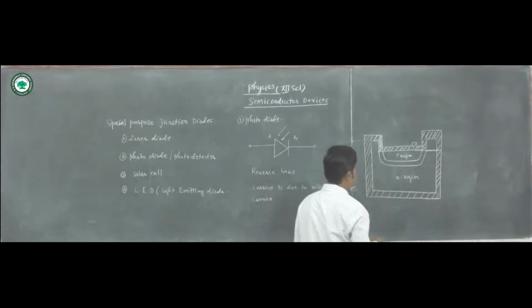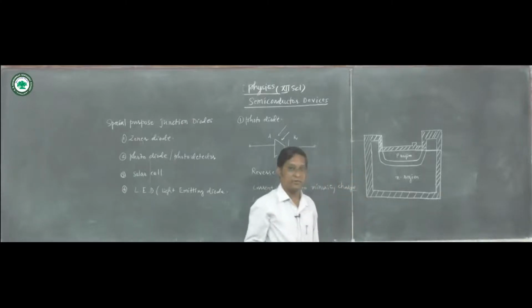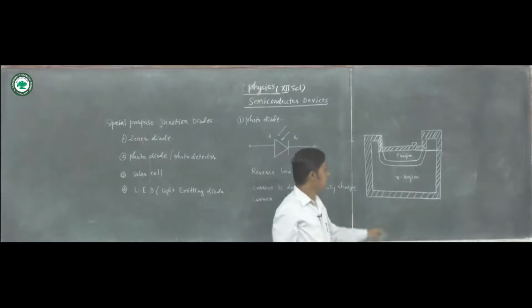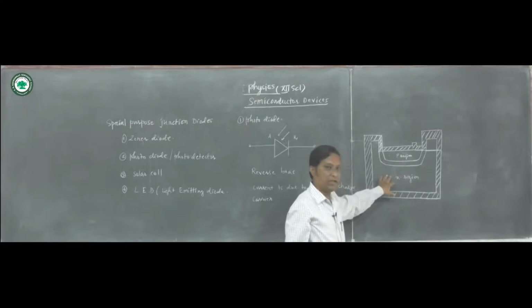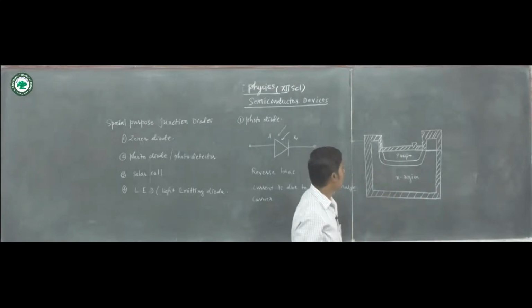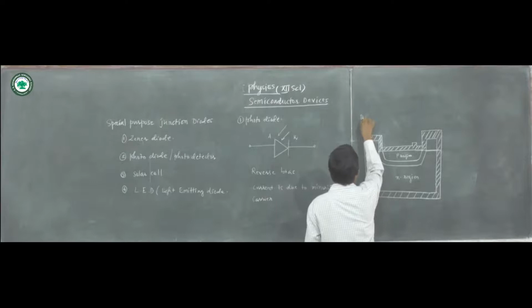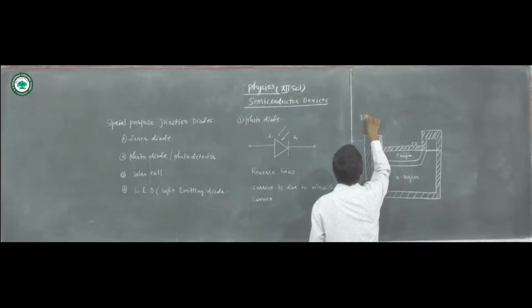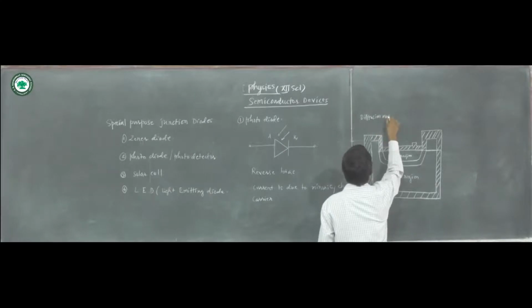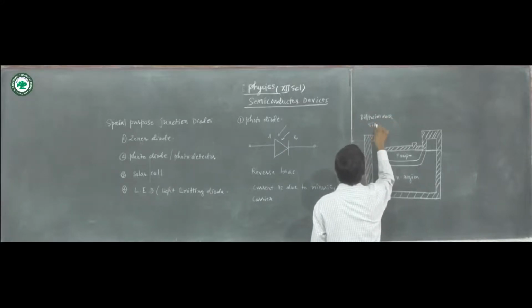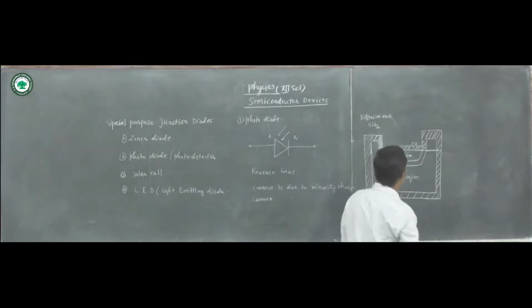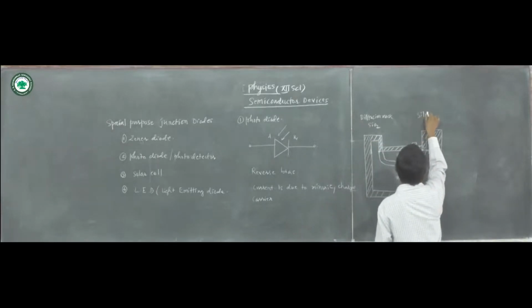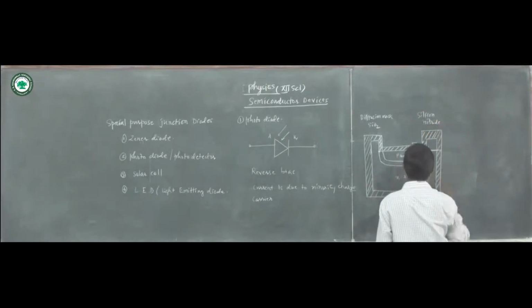This is the schematic diagram of the structure of the photodiode. The P region is diffused with the N region in this way, and it is a diffusion mask. Silicon oxide is used in this electrode, and here silicon nitride is used.